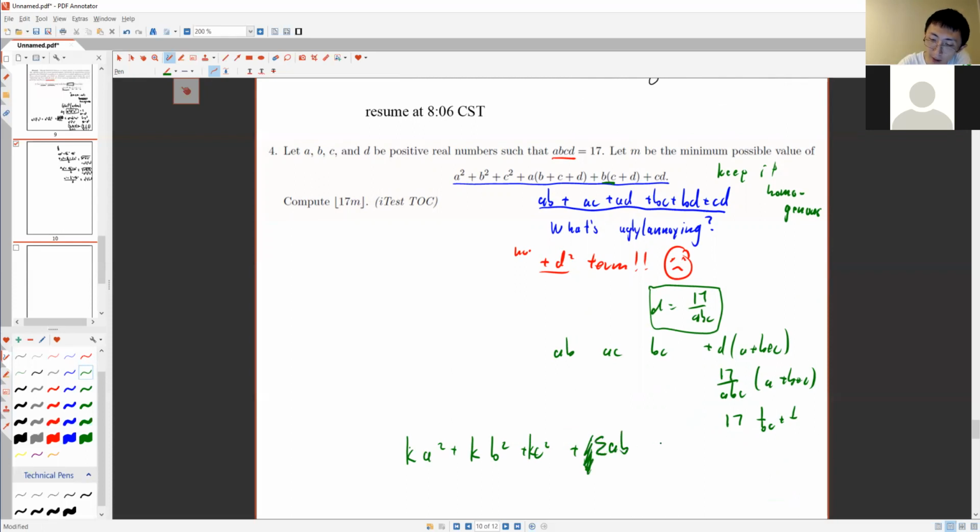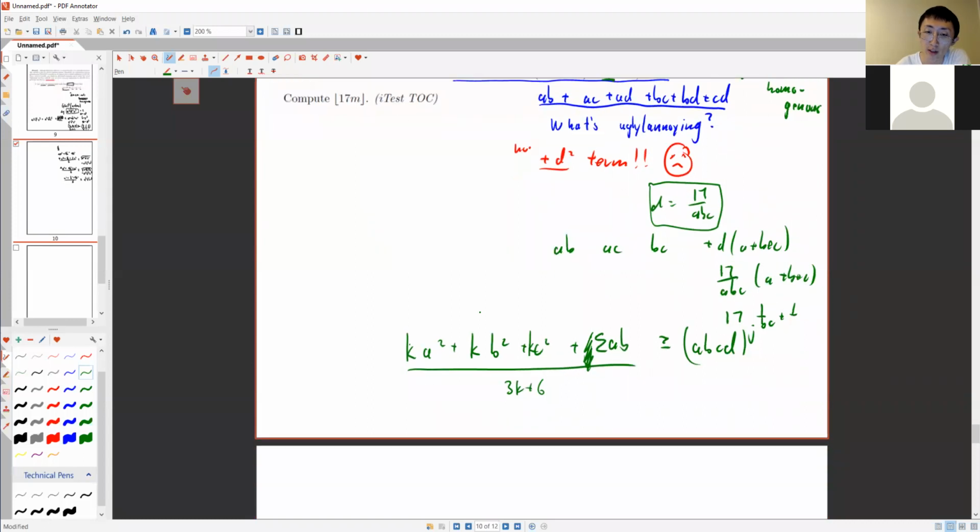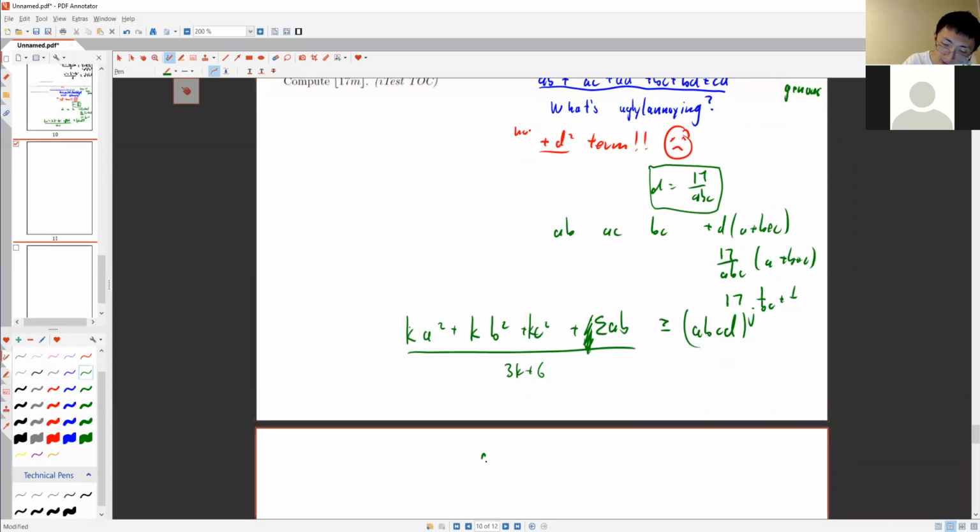I'll just write sum AB so that when we apply AM-GM on it, it'll be like ABCD to some power over 3k plus 6. So, let's take a tally, right? So we need more d terms because we're missing a d squared, right? So far, we have this. We have an a squared. We have an AB, AC, and AD. And that's, wait, is that it?